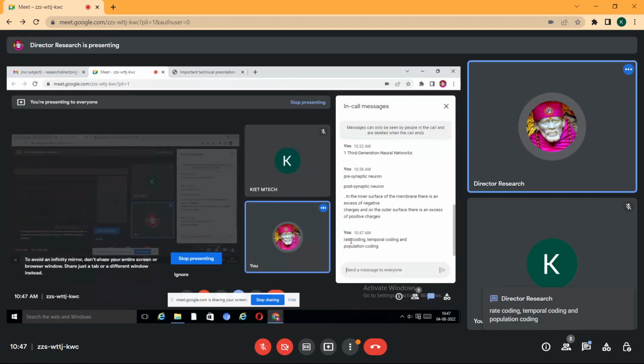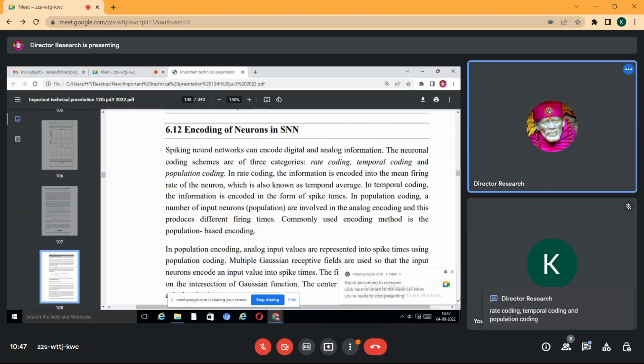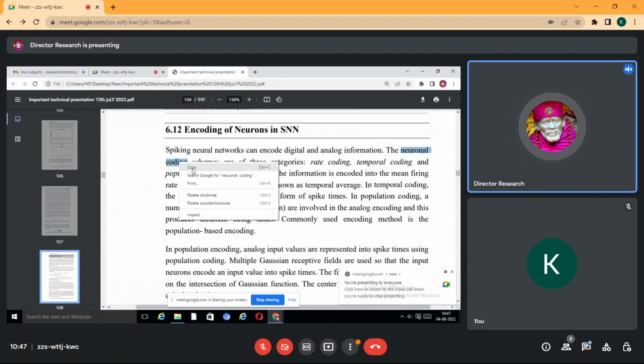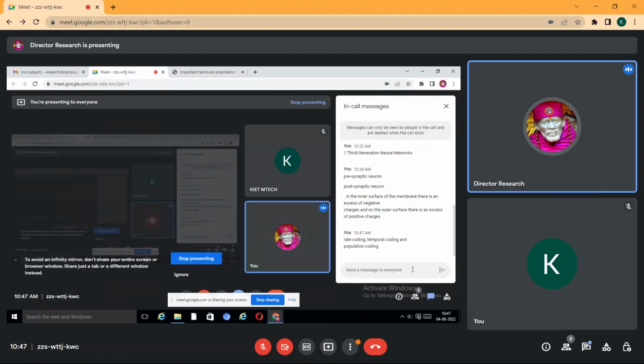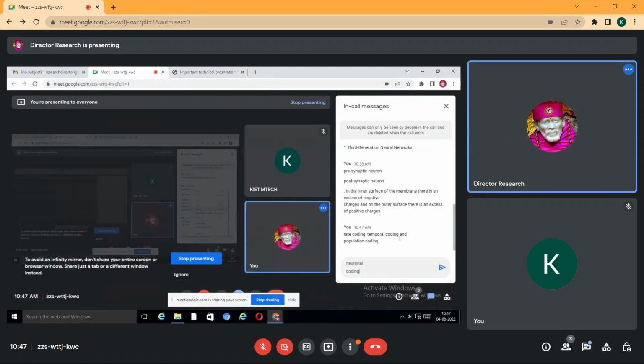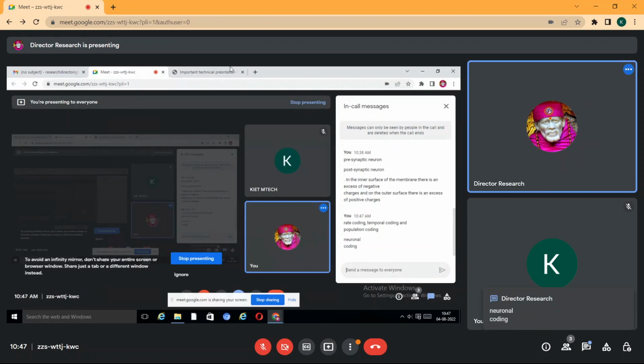They are called techniques of neural coding, under classification, of course.